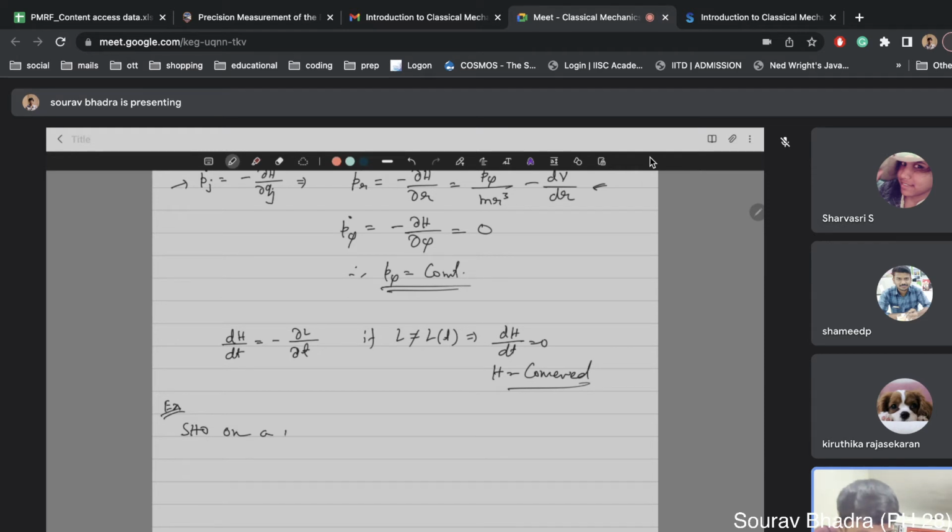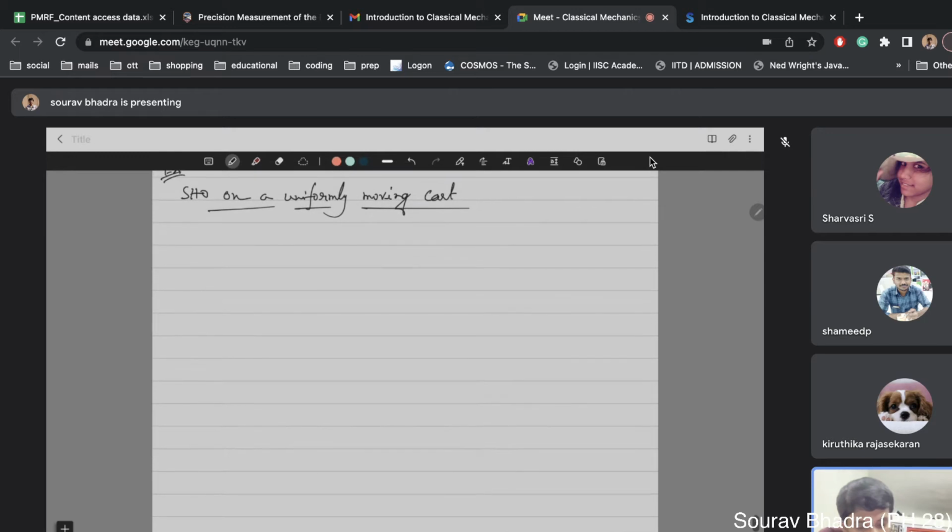on a uniformly moving cart, and after getting the result I will tell you the interesting fact. Okay, so suppose this is a plane along the x-axis, and here there is a cart.